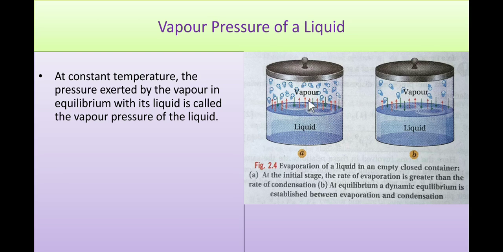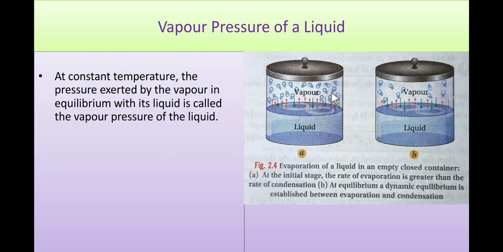Both evaporation and condensation are taking place simultaneously. At the initial stage, the rate of evaporation is greater than the rate of condensation. But with time, as more vapor molecules accumulate in the space above the liquid, the rate of condensation increases.